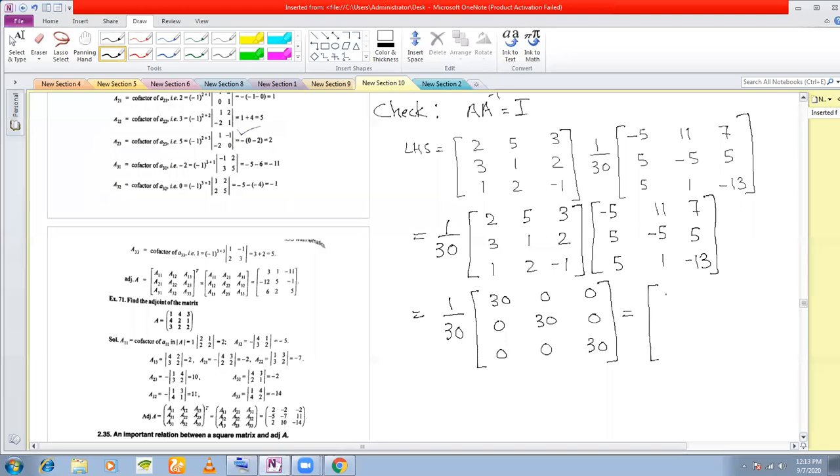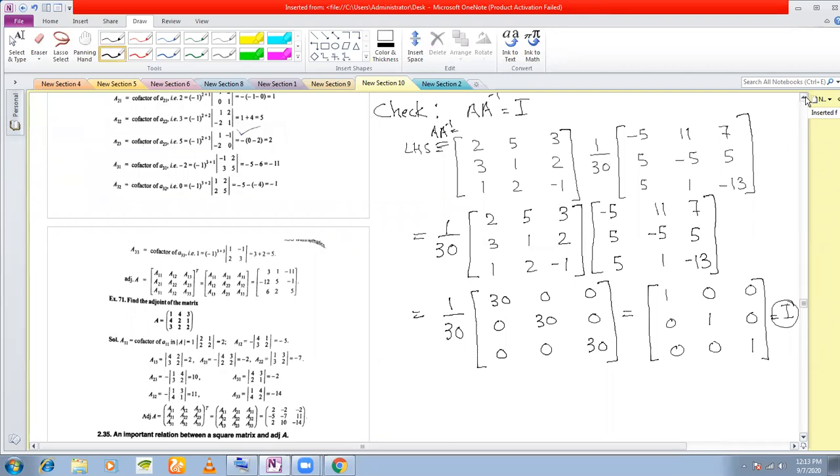Then you will get 1, 0, 0; 0, 1, 0; 0, 0, 1. That means when you multiply A into A inverse, you get the identity matrix. So therefore, the answer is correct.